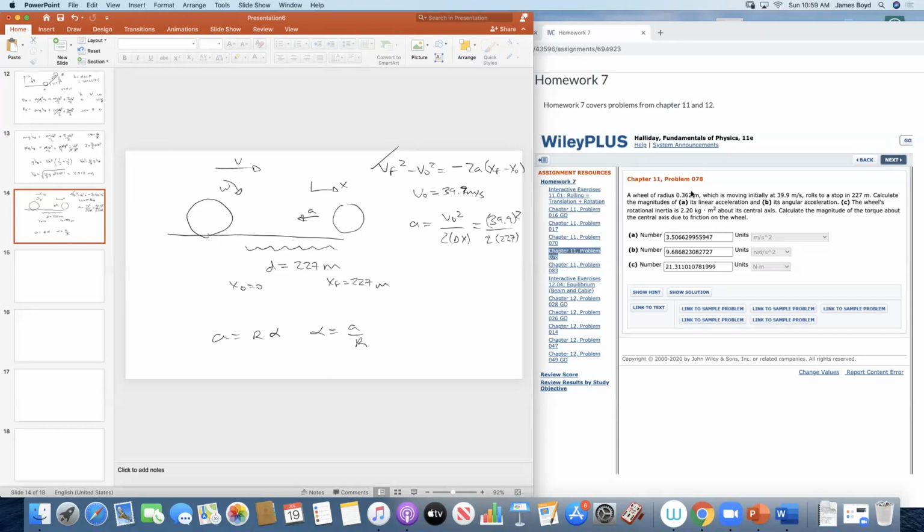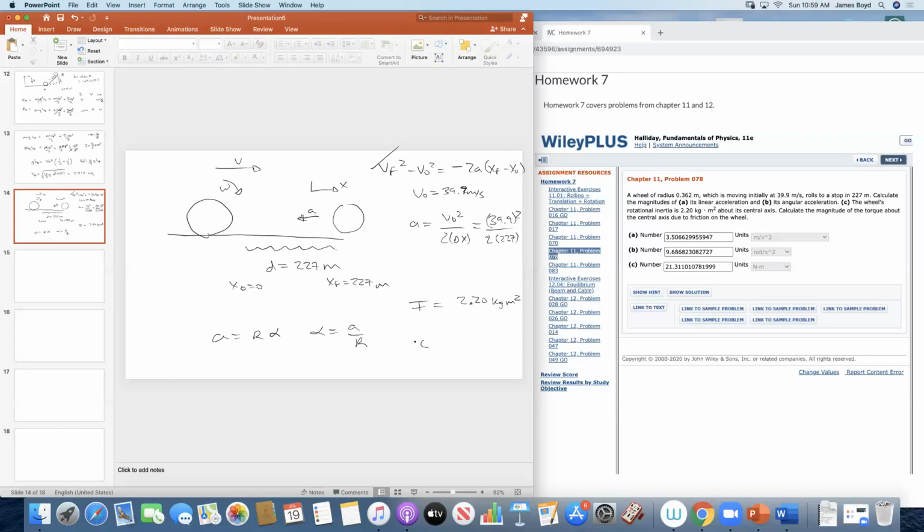Finally, I'm given that I is 2.20 kilogram meter squared, okay? If we want to calculate the magnitude of the torque about the central axis due to friction on the wheel, all we have to do is this: a was due to friction, this alpha was due to friction, right? So let me actually say it this way.